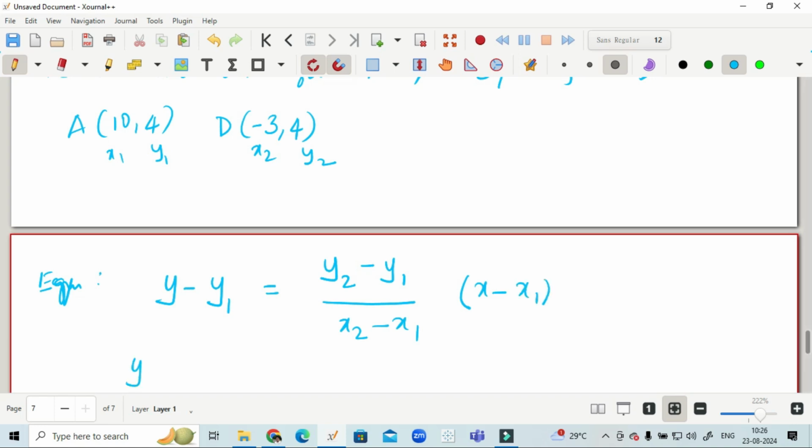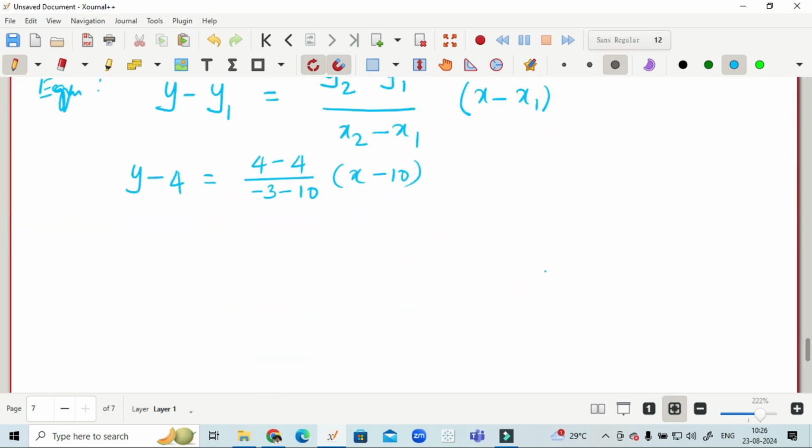So y minus 4 equals, what is y2 minus y1? 4 minus 4, by x2 minus x1, which is -3 minus 10, into (x minus 10). 4 minus 4 is 0, and 0 into anything is 0.